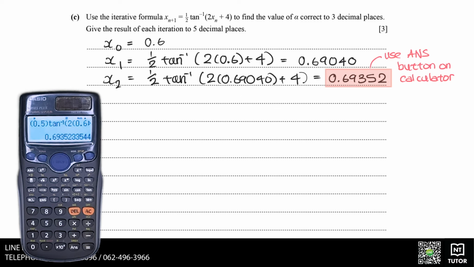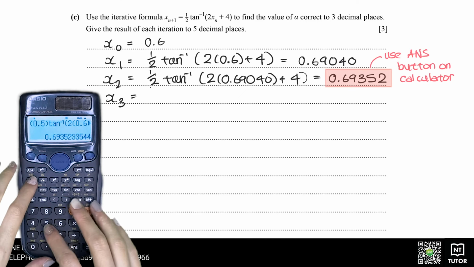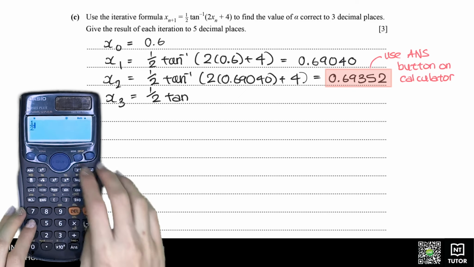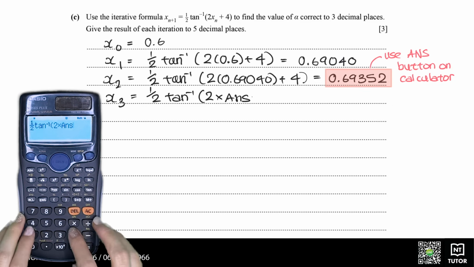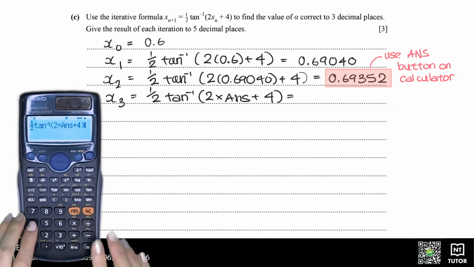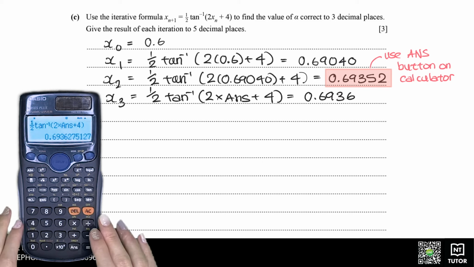The answer button is equal to 0.69352. So you want to set up the iterative formula using the answer button by typing half inverse tan of 2 multiplied by answer plus 4 and close bracket. Once you hit the enter button, you will get the value for x3.